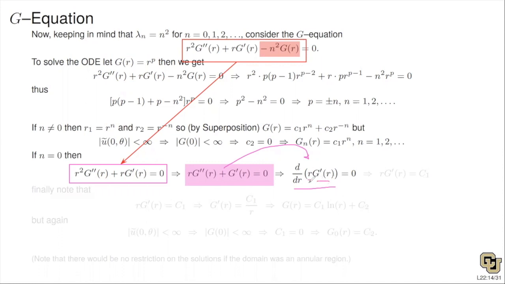Calc 1 product rule: derivative of the first, which is 1, times the second function g prime of r, plus copy down the first, r, times the derivative of the second, which is g double prime. So this expression can be rewritten as the derivative of the product r times g prime.